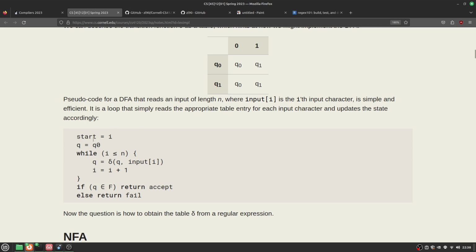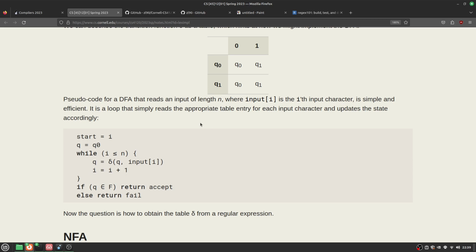So we start at i equals 0, start at q sub 0, while i is less than n, or the input length, q equals delta function on the current state and the current read symbol. Then we move to the next symbol.